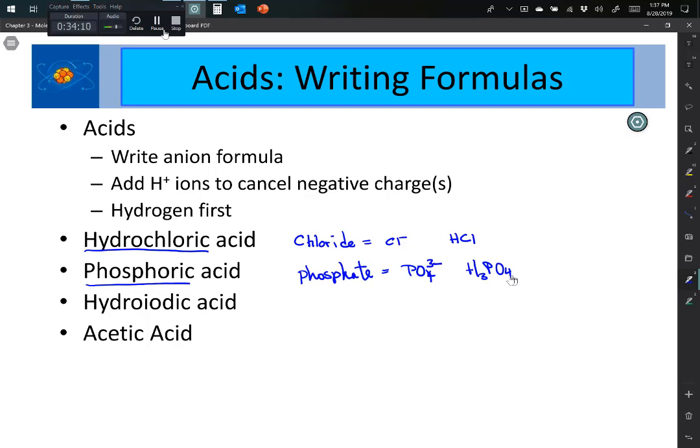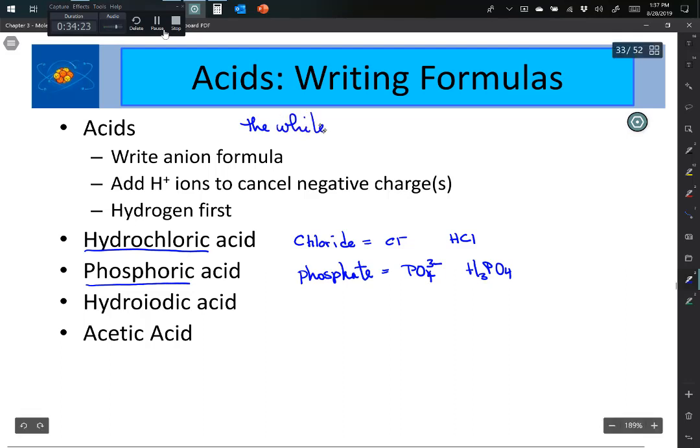So there's a couple of different ways you can remember some of this. I'll get back to it in a second, but let's see: white mouse, 8, icky cheese.